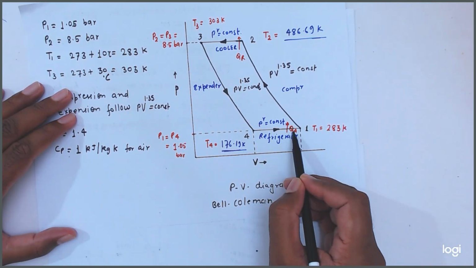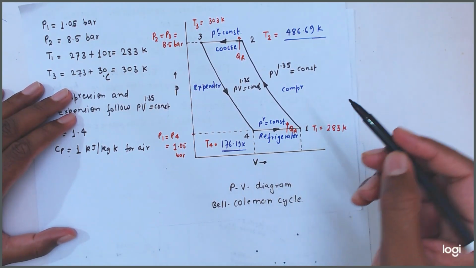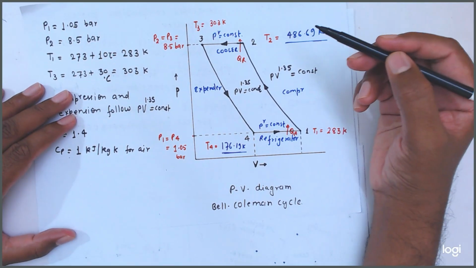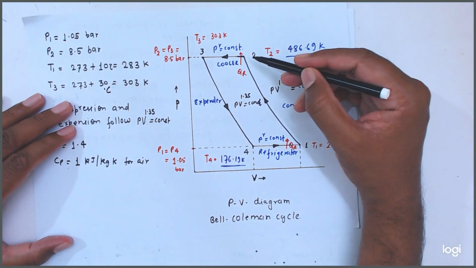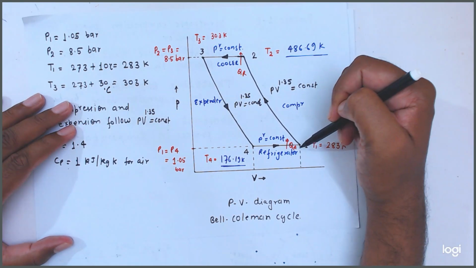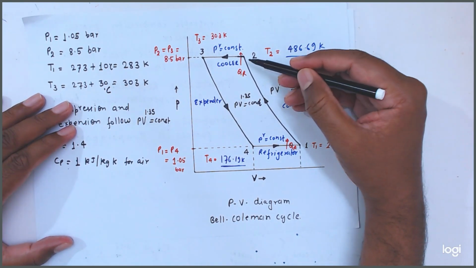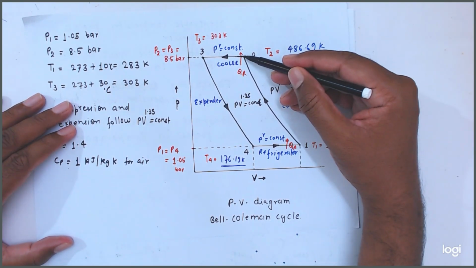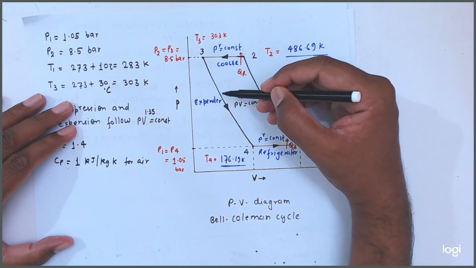It means QA is the refrigeration effect. And what is the work input, friends? The work input equals the work done by the compressor and the work done by the expander.